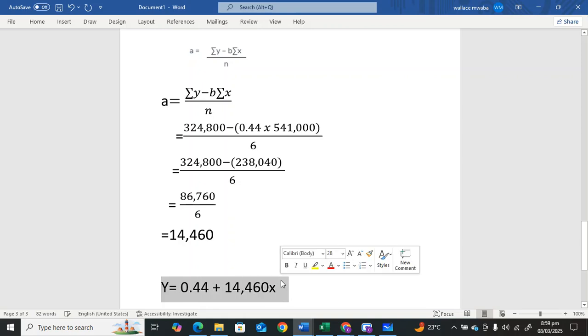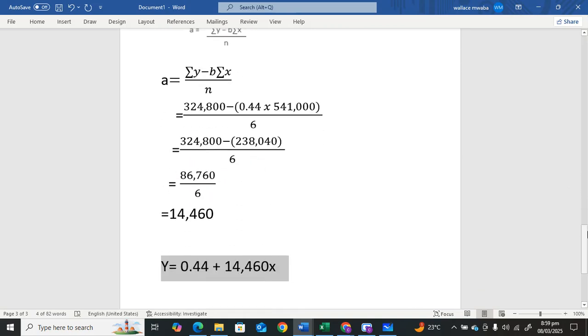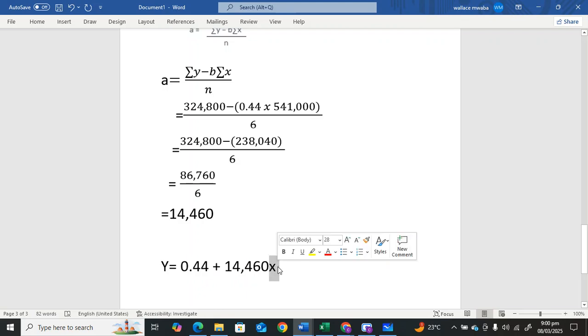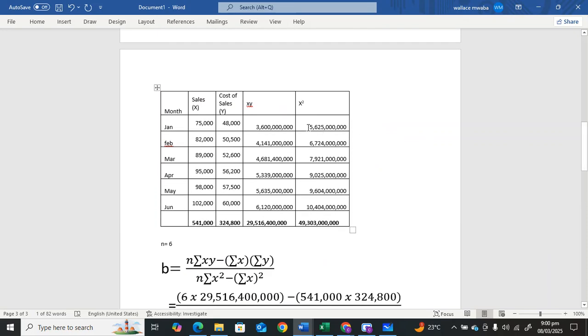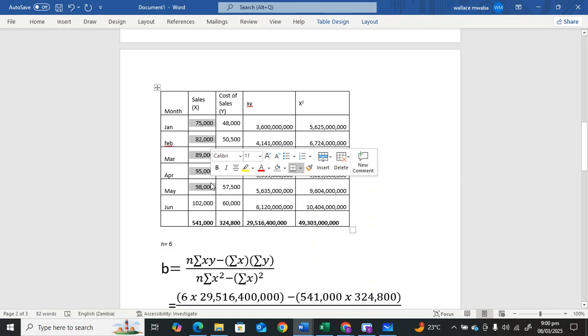So with this equation you can estimate the cost of sales you're going to incur. x represents the number of sales, as you've seen here, so you can substitute values of x. You say, if we have sales of 100,000, what cost of sales are we going to incur? What would be the total cost of sales incurred?